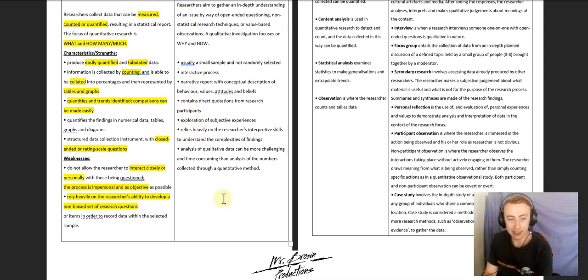So let's say I ask you two questions. Let's say I'm asking you a quantitative question and I say, on a scale of 1 to 5, to what extent do you agree with the current government's climate change policy? I'm just asking whether you agree with it or not. That's a pretty good objective question. I don't have bias in that question.